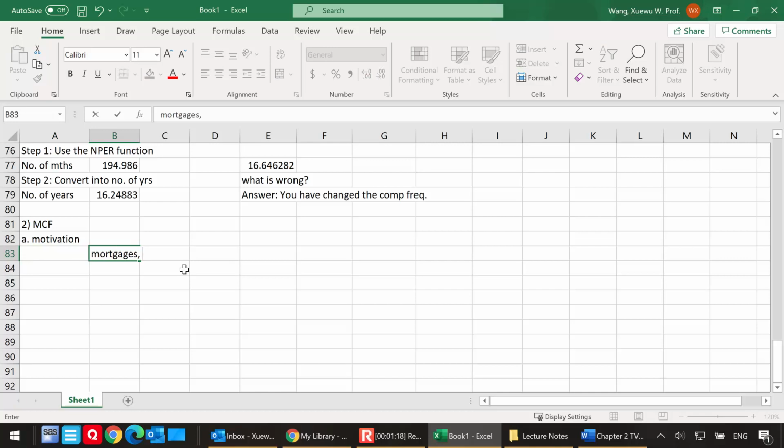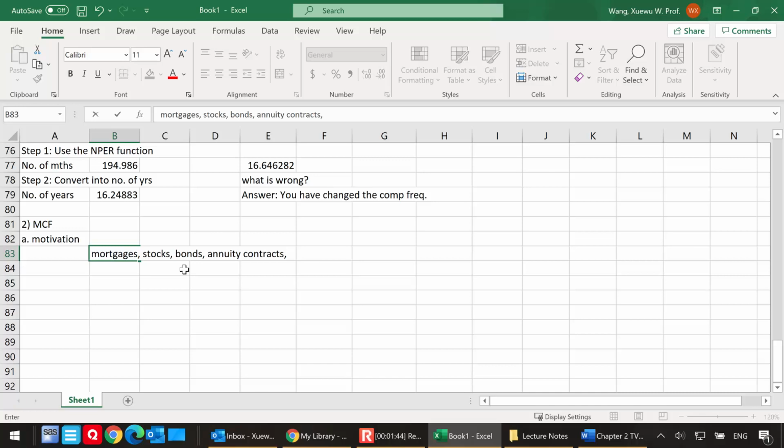Stocks may pay quarterly dividends, so these are multiple cash flows. Bonds may pay periodic coupons, so these are multiple cash flows as well.